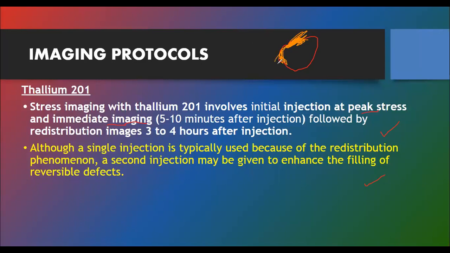So when we image it after stress, if it's viable, it is going to appear brighter. But after redistribution, it is going to appear less bright because the isotope has come out of it. So we can scan it twice using the same injection, after stress as well as at rest. But for the technetium, we need 2 injections because it remains fixed in the myocardium. It's not going to come out.